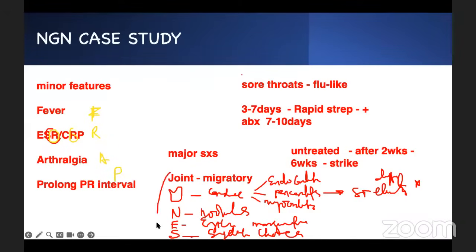And that is the Jones criteria. And this is the FEAP. So we're FEAPing Jones. So when you have to make a diagnosis, you need two majors or one major plus two minors. The kid has all of them to be able to make the diagnosis. So that's the key aspect of it.